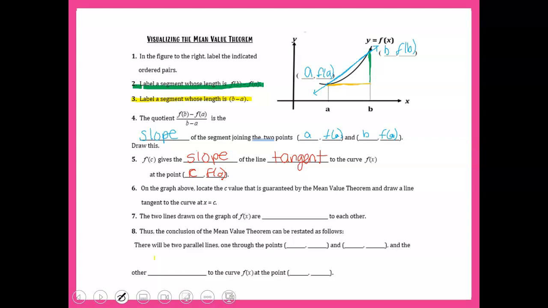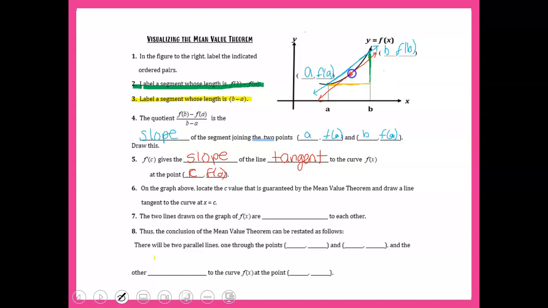So the graph above, locate the C value that you think would give a line parallel to the blue line. So you want to try to pick a point on that graph such that wherever you pick it, it's going to give you a parallel line. So you want to look at this curve and be like, okay, I think C lives right here.